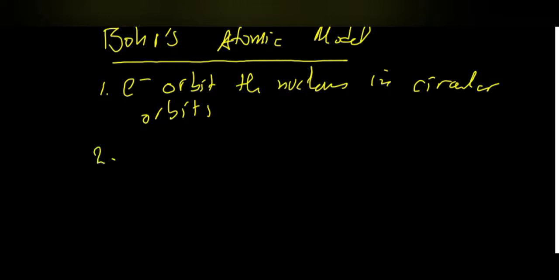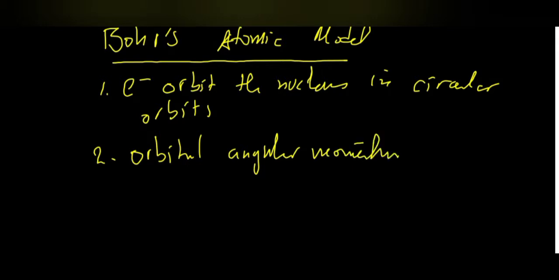Another thing that he came to understand is angular momentum is quantized. Orbital angular momentum is quantized. The meaning of quantization here is it has specific values depending on the shell that you are talking about.